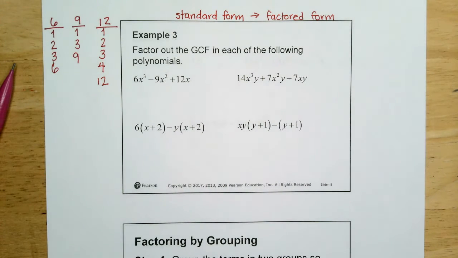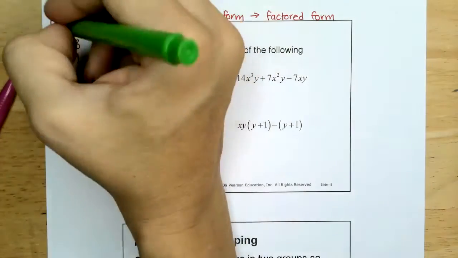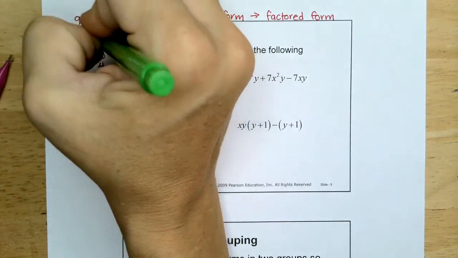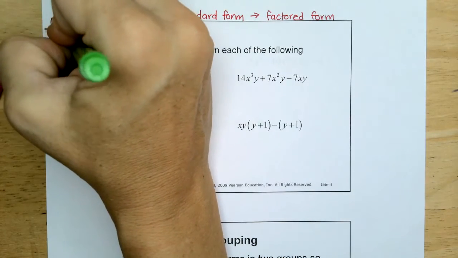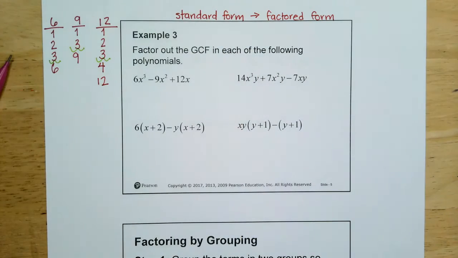So the greatest of these, well, what's in common? We have 1, we have 3. So 3 is our greatest common factor for the, what's the word they used? For the numerical coefficients.